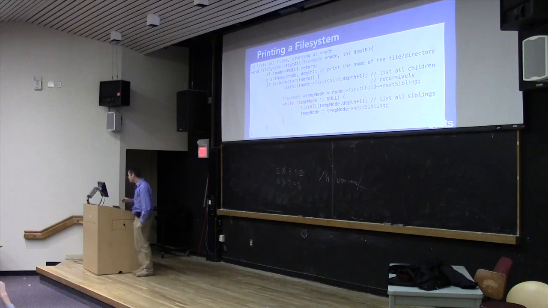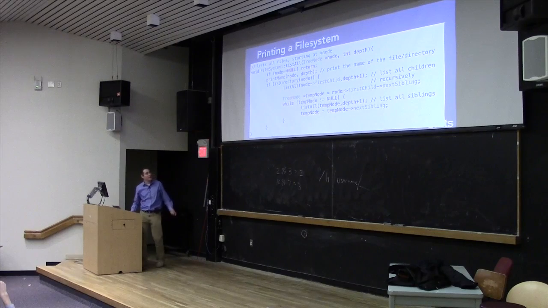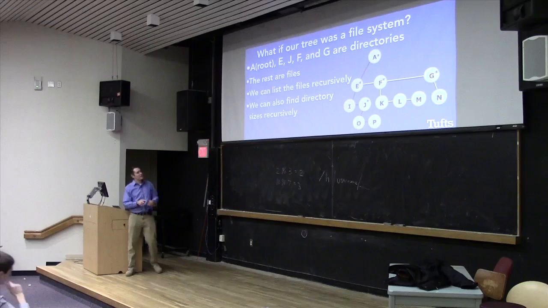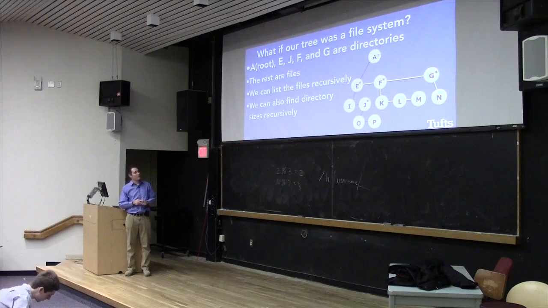So the question is, how is this actually going through here? It's first going to print the node, then it's going to list all the children. It's going to list the first child's tree, and then it's going to list all the other children's trees as well. So let's see. I'm going to print the root.